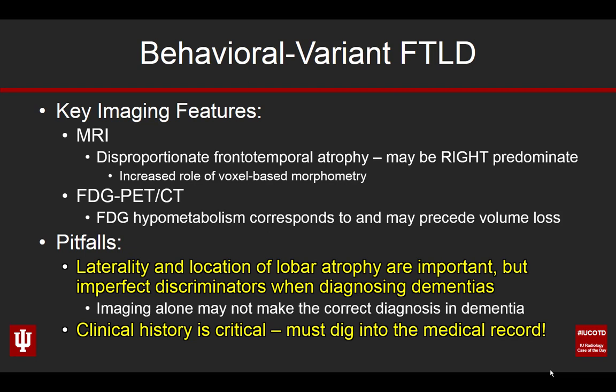Do you think that this may be Alzheimer's dementia? Do you think this might be frontotemporal lobar degeneration? At that point, dig into the chart, see if it jives. And I think that the imaging really can be a powerful biomarker for these neurodegenerative diseases, but you really do have to dig into the medical record and try to figure out whether or not what you see on the imaging in terms of the volume loss fits the clinical picture.